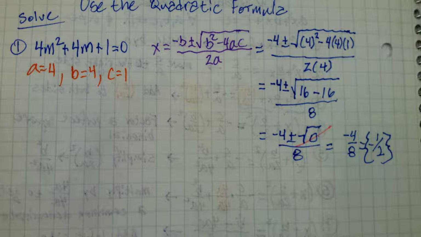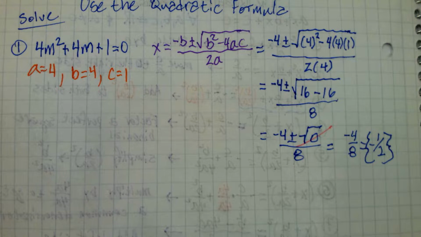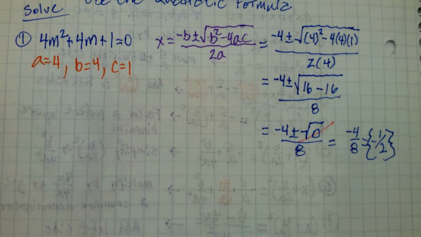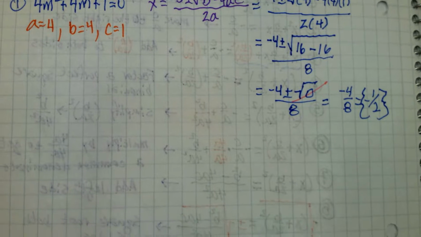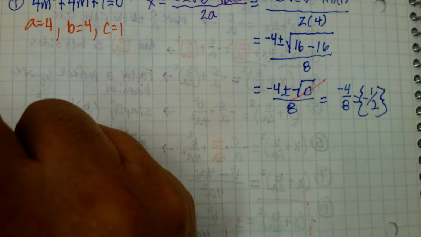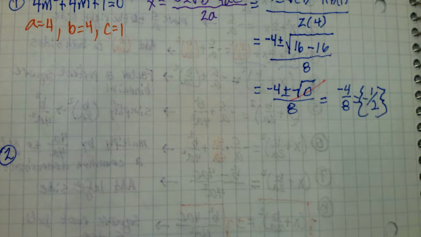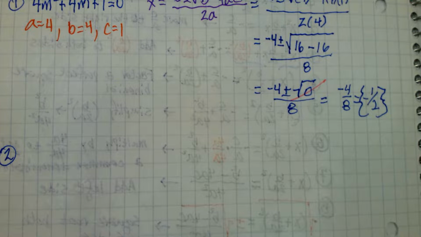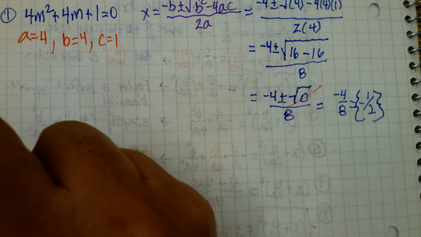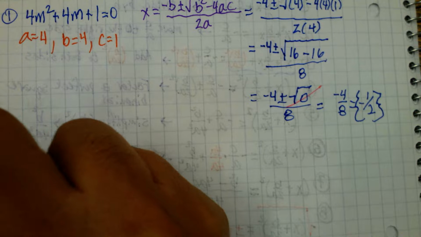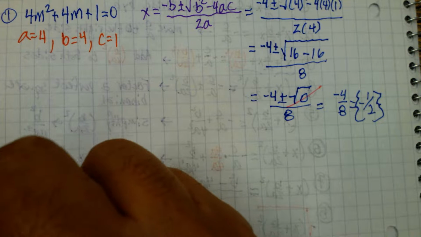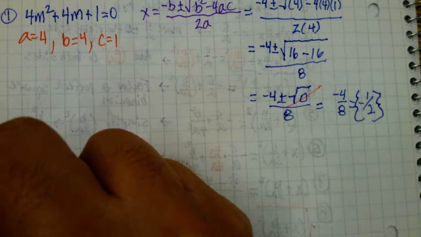All right, any questions? We'll do one more. Number 2. Okay, so for number 2, we've got 12r squared minus 5r.